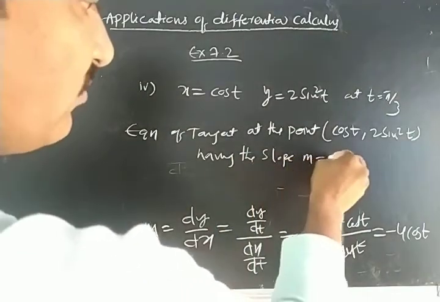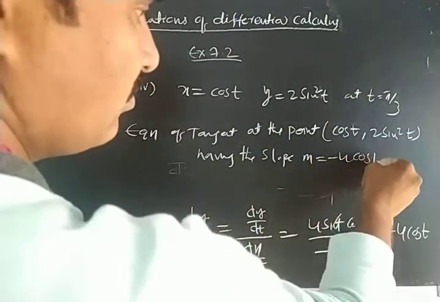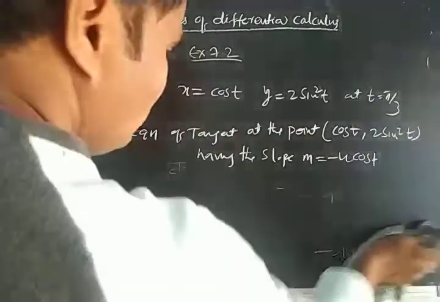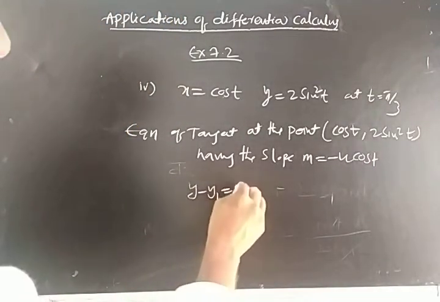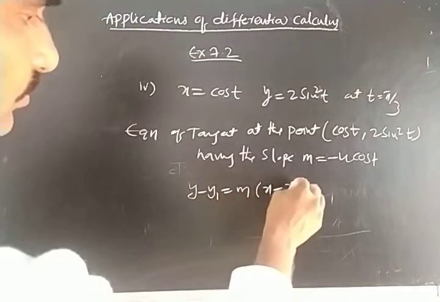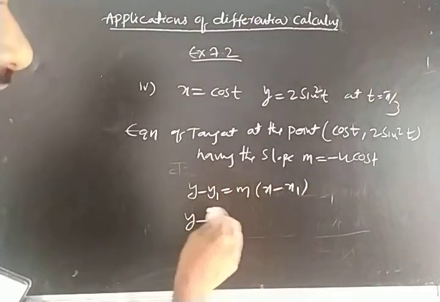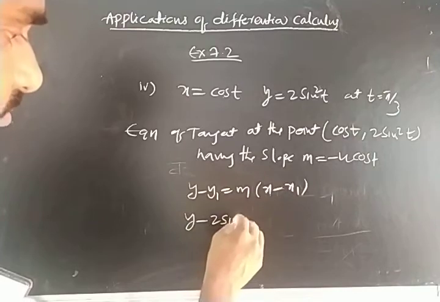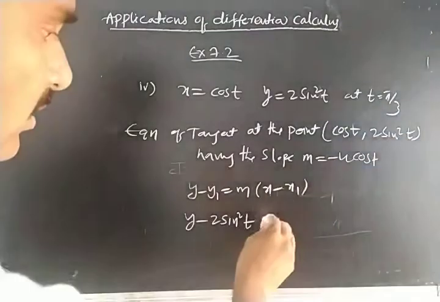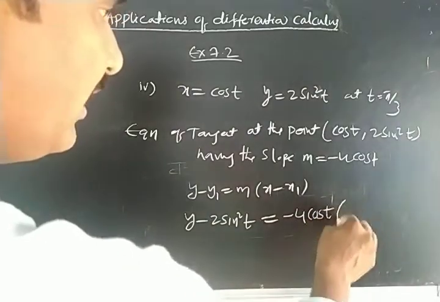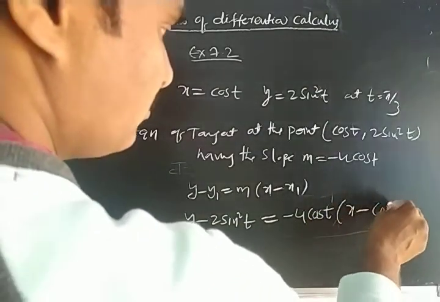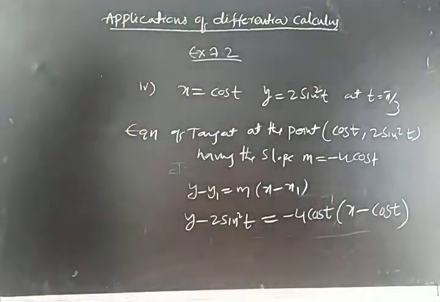M equal to minus 4 cos t. Right. How to find the equation? What is the formula? Y minus y1 is equal to m into x minus x1. Y minus y1, that is y minus 2 sin square t from the point, right? Slope is minus 4 cos t. X minus x1, x minus cos t. So this is the equation of tangent.